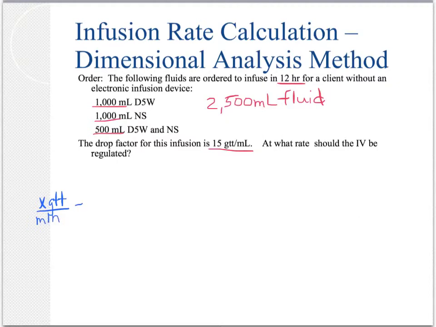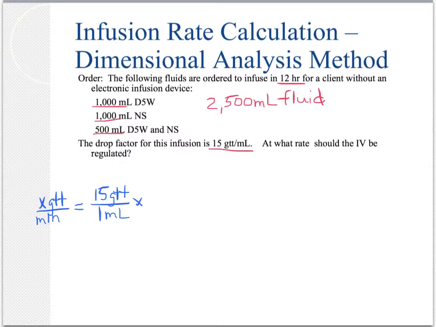And since we want drops in the numerator, we begin with the information that contains drops. Since we are given a drop factor of 15 drops per milliliter, we will use this ratio first and write 15 drops per 1 milliliter. Since we are paying attention to units, we see that we now have milliliters in the denominator.